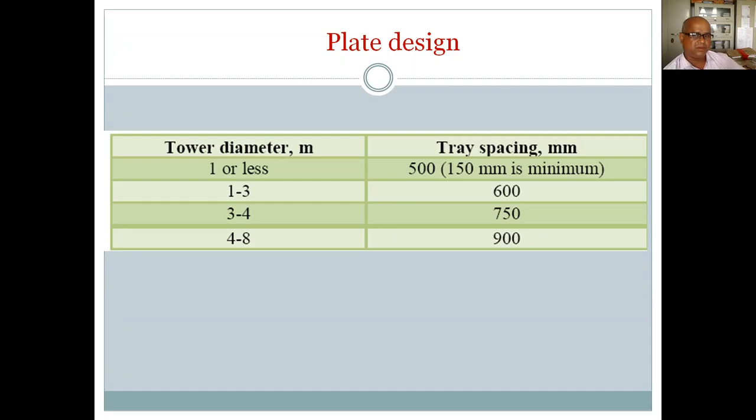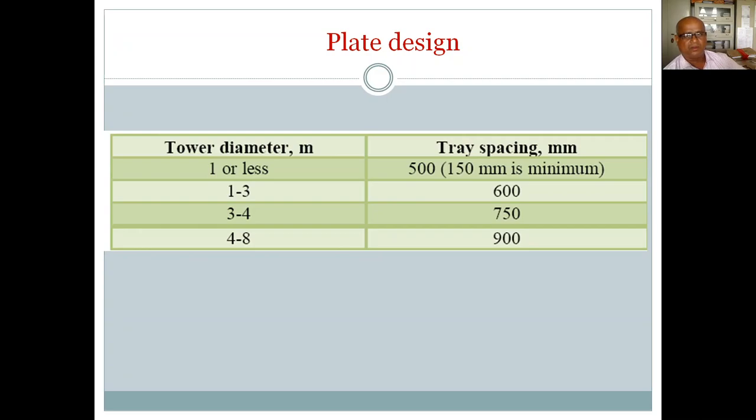Later in this chapter, we will calculate for a particular system what the diameter should be. Once you get the diameter of the column, you can easily calculate the tray spacing from this chart.